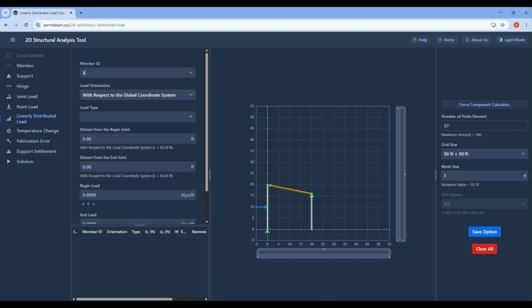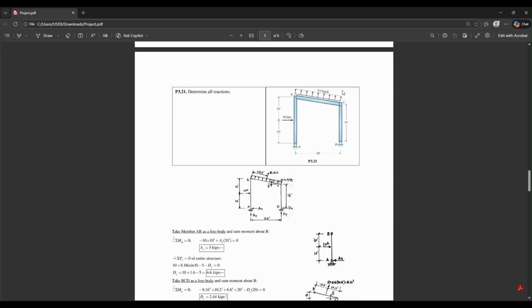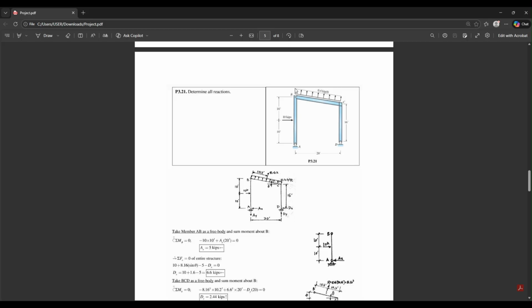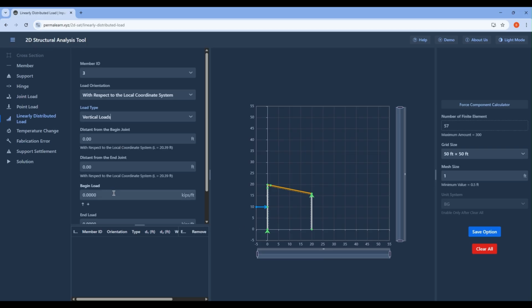Since our force is not in the global coordinate system, we need to change it to local coordinate system, and load type is vertical, and distance from the begin point, we put it 0, and also the end point, since this uniform distributed load is from the begin point to the end point, and it is 0.4 kip per feet going upward.